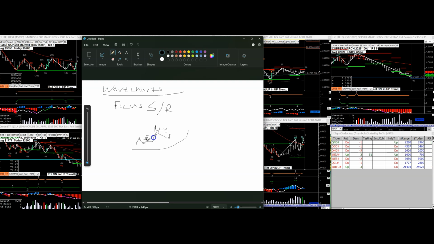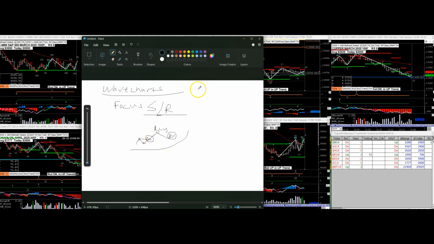So the two key things that wave charts help you with, because of their focus on support and resistance, is to easily identify breakouts and reversals. Both are entry triggers, right?